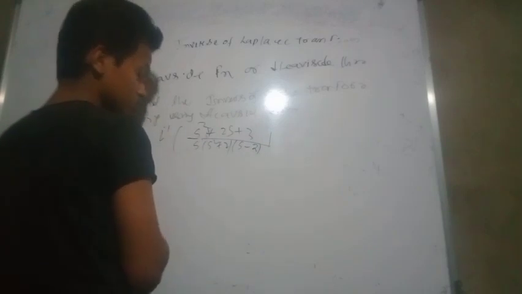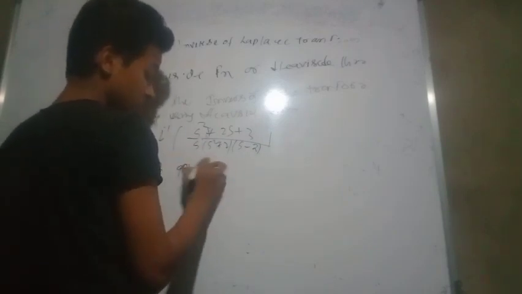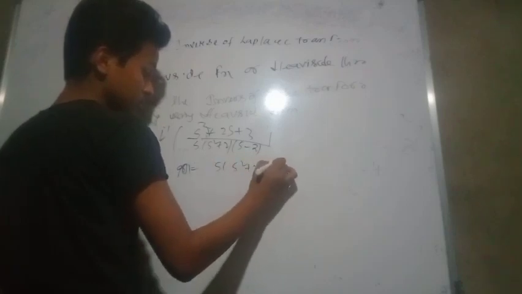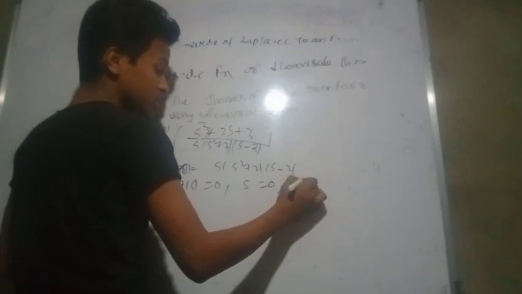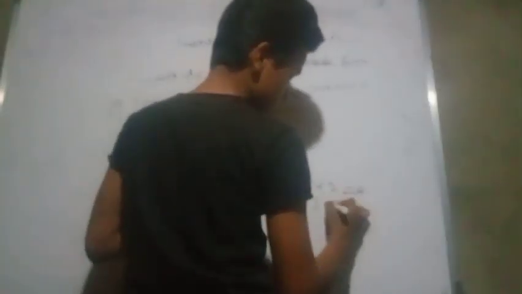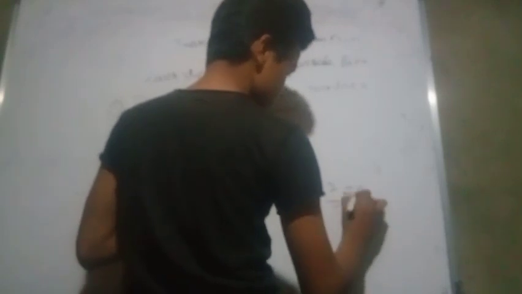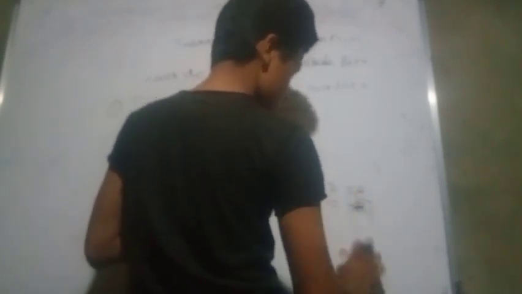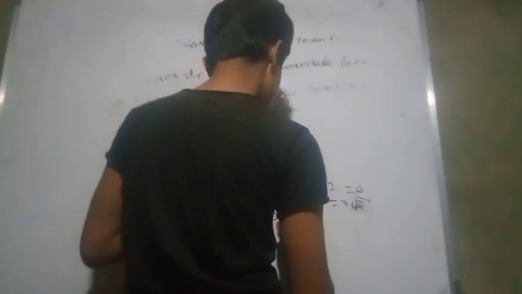So let's say g of s equal to s into s square plus 2, and s minus 2. So g dash s equal to 0, so s equal to 0, s square plus 2 equal to 0, s equal to plus minus root 2 i, minus root 2 i, and s equal to 2.